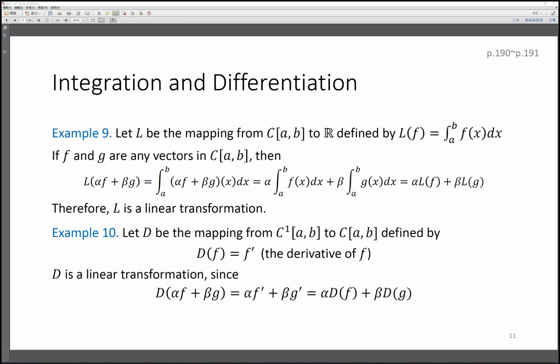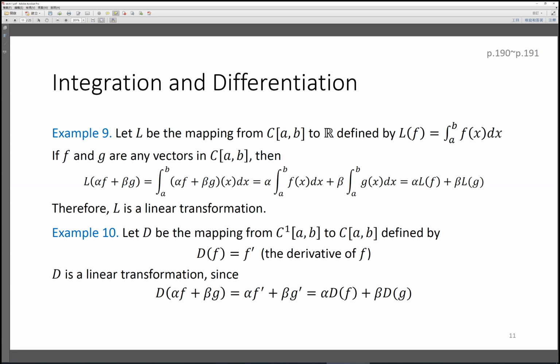Example 10 considers the differentiation operation as a mapping. Let D be the mapping from C^1[a,b] to C[a,b]. Here, C^1[a,b] is the vector space of differentiable functions, and C[a,b] is the vector space of continuous functions.